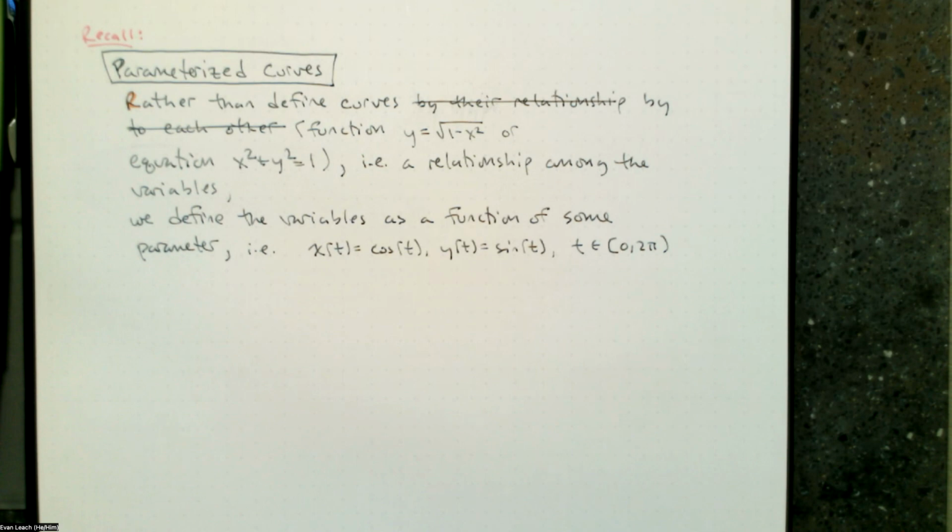They're functions of some outside parameter. T is just there. T has been installed by us to make the curve where we can define x and y independently of each other. Now x can do its own thing and y can do its own thing, and they don't have to depend on each other.